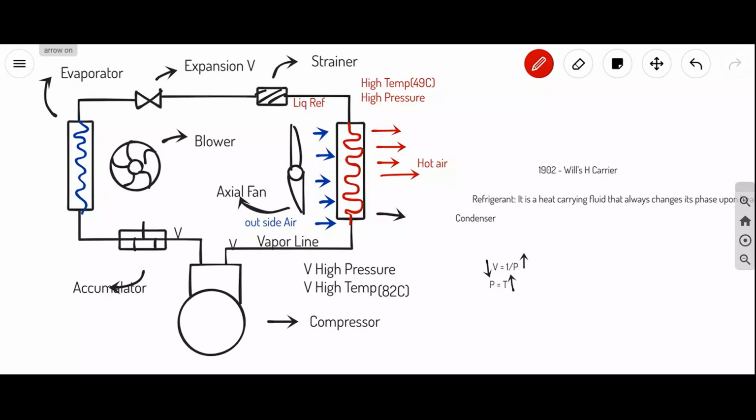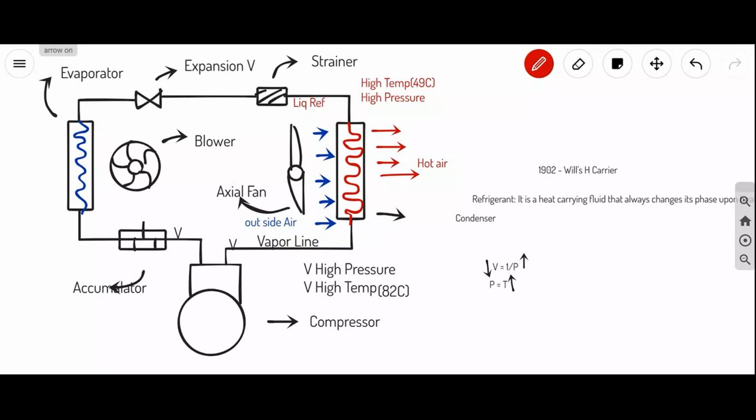The function of strainer is to filter the refrigerant of any impurities present in it. Why? Because as the refrigerant is working at high pressures, due to high pressures there may be some small metallic particles which come out on the surface of the copper pipe.